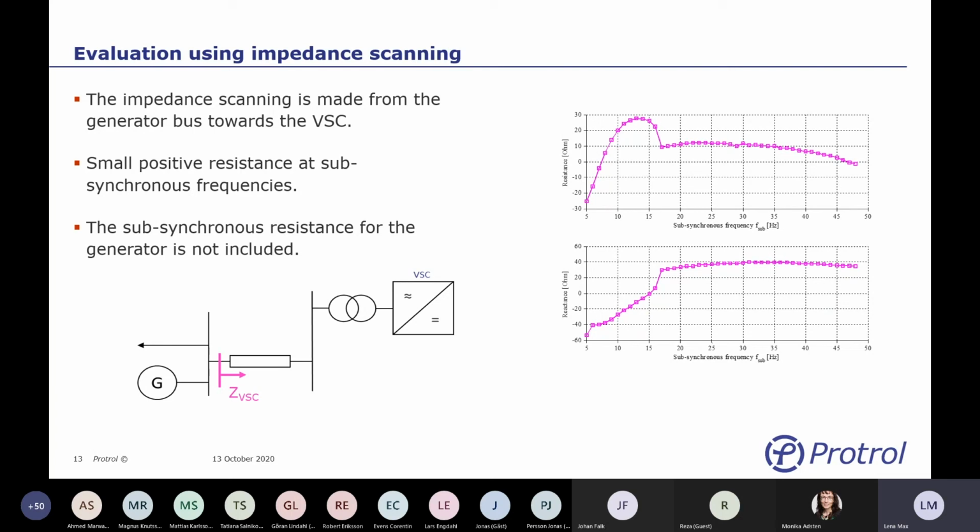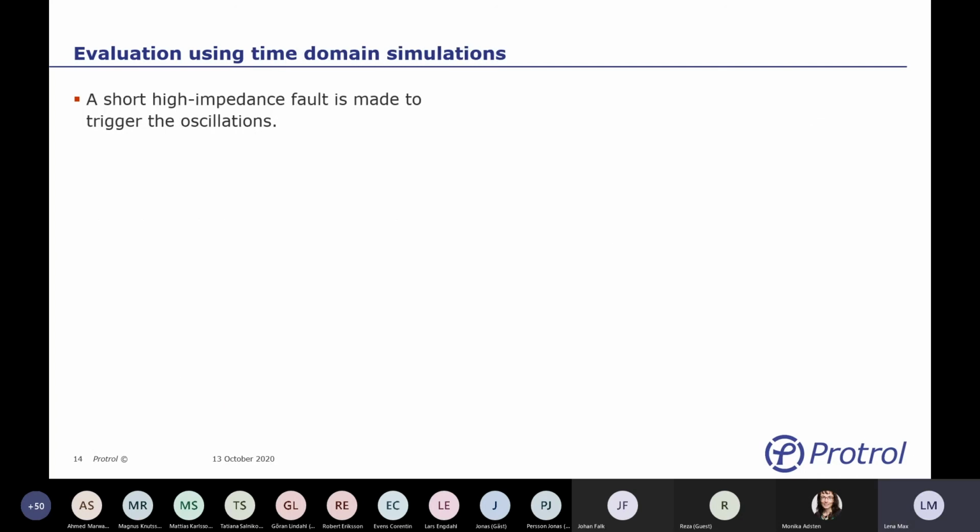But these results alone make it hard to evaluate the risk of possible subsynchronous oscillations. But we saw from the electrical damping that there is a risk for subsynchronous oscillations.